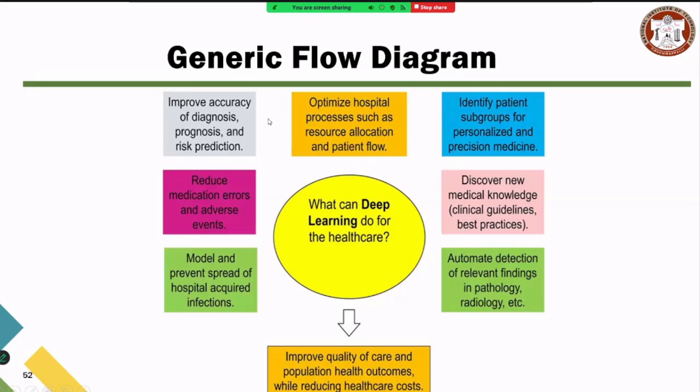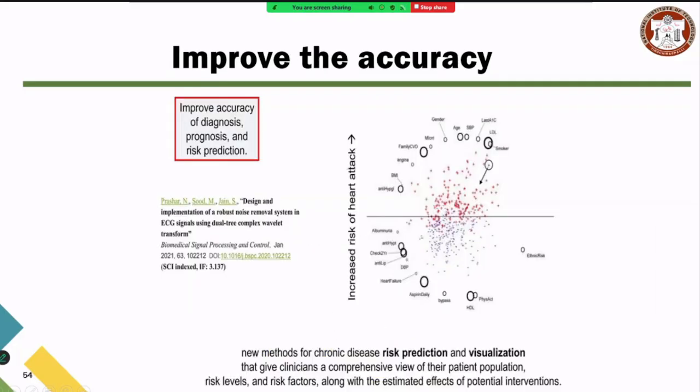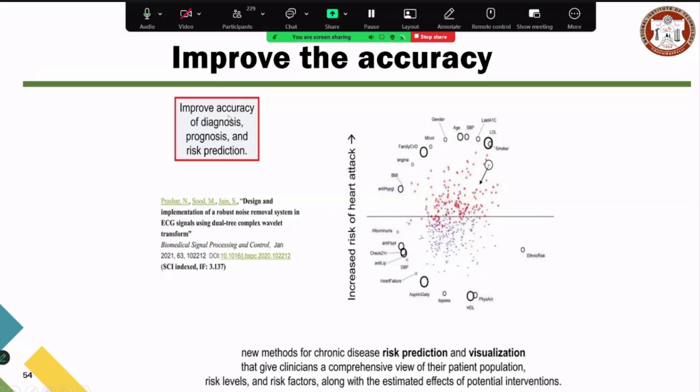So first you go for improving accuracy of diagnosis, prognosis, and even risk prediction and everything. So actually it deals with all this based upon the data, how far it is going to be. See, improve the accuracy. See here, risk prediction and visualization is maximum, which deals with what disease it is going to be.